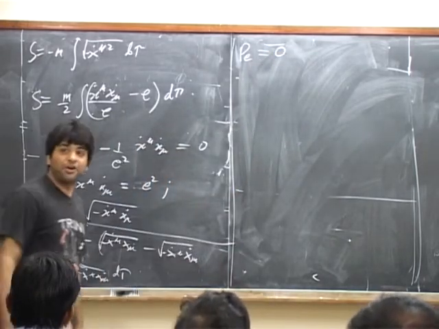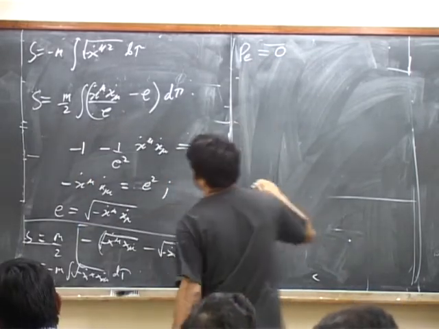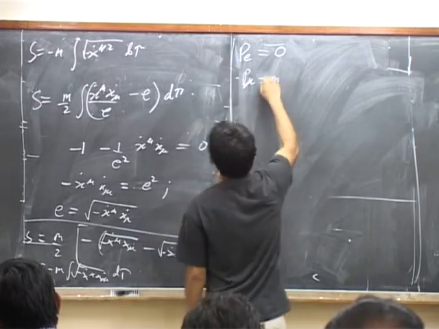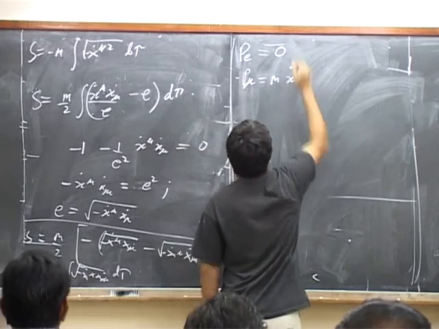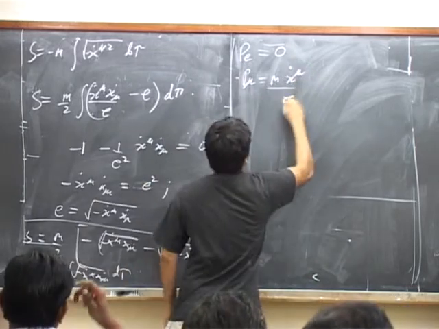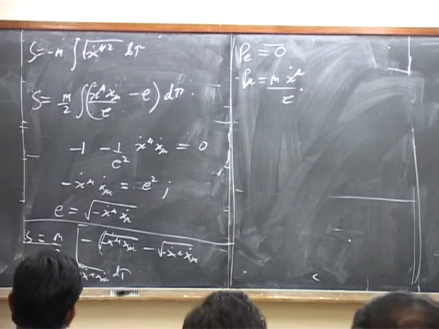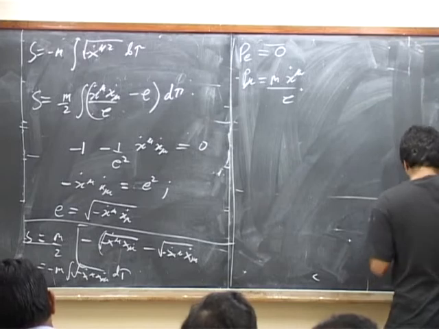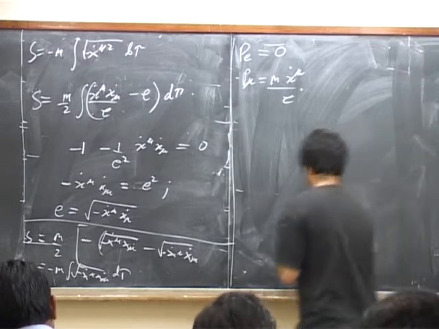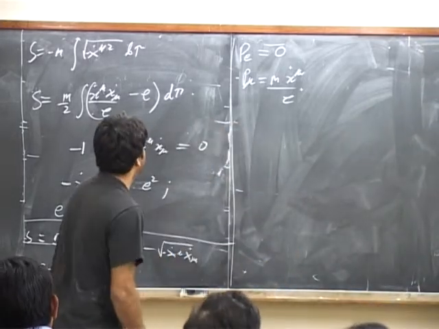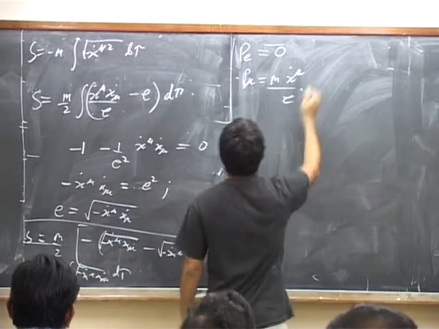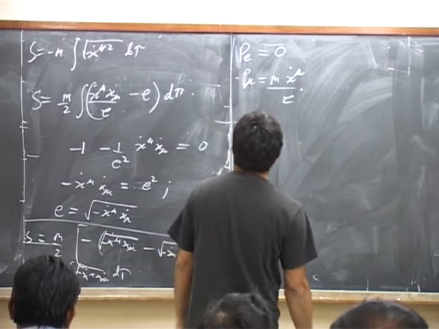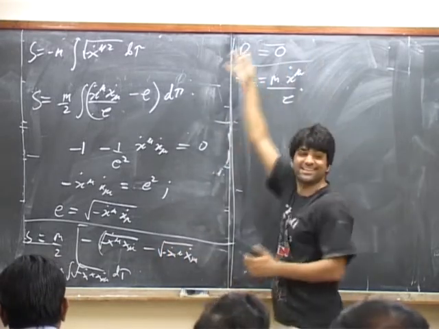Okay, what about the canonical momenta? So p mu was what? Well, we get m x mu dot by E. Now, the next thing: this is already a constraint.